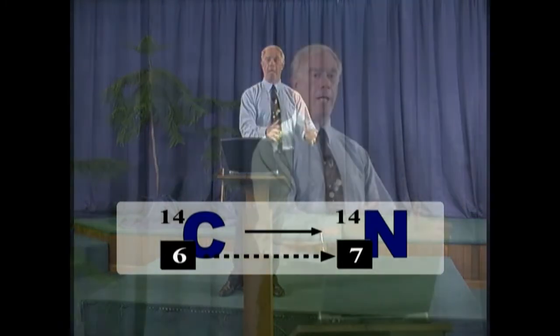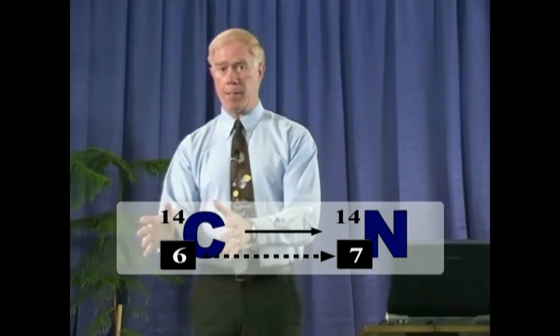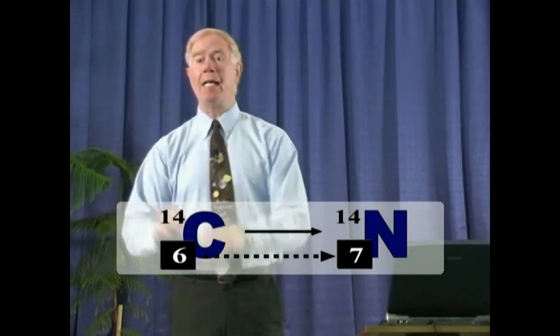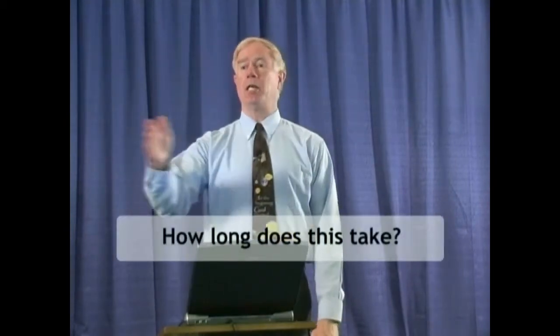All types of carbon have 6 protons. All types of nitrogen have 7 protons. So to change from carbon into nitrogen, we have to add a proton in there. So that's what we mean by radioactive decay. The element can physically change into a new type of element. In other words, carbon can change into nitrogen.